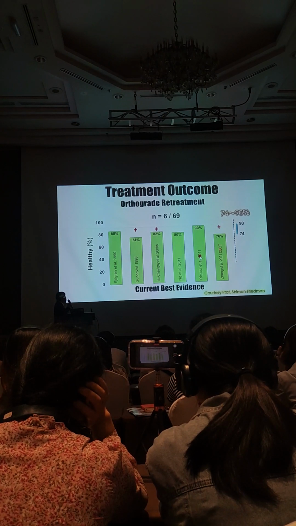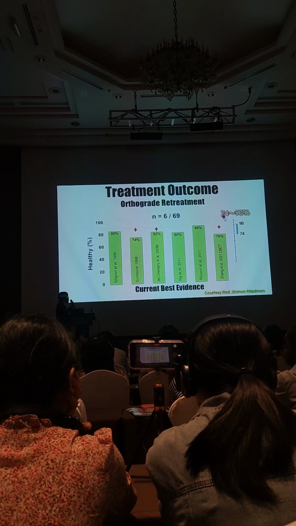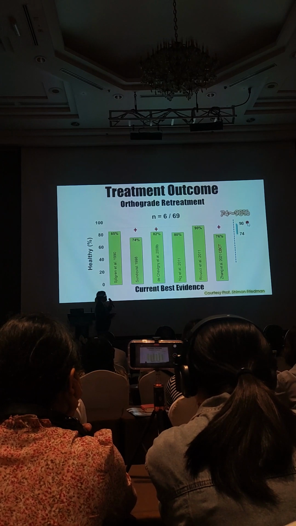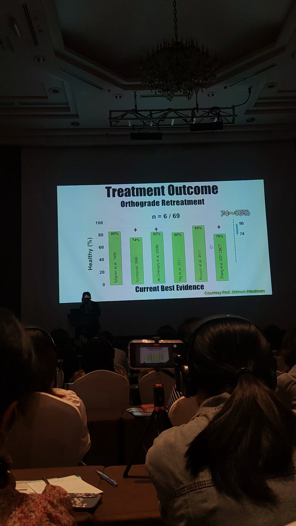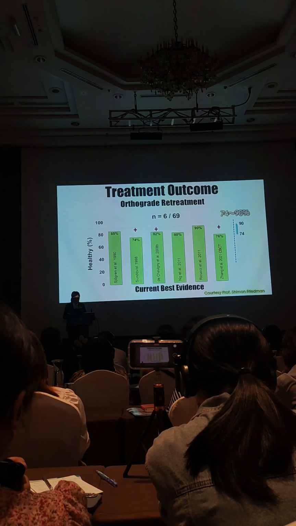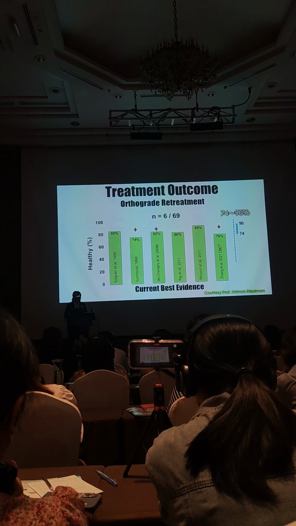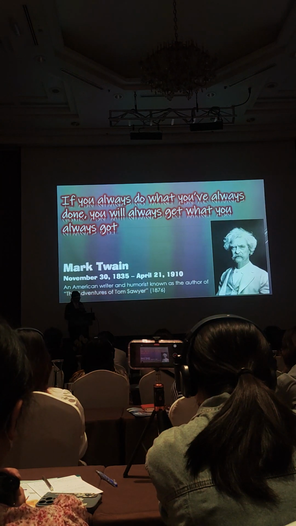If you look at them, the gap between the lower success rate and higher success rate is only 16%. So if you want to be in a higher success rate, you have to be very careful and you have to have an accurate diagnosis. That's why it's very important to make an accurate diagnosis so you can be more successful in the treatment.